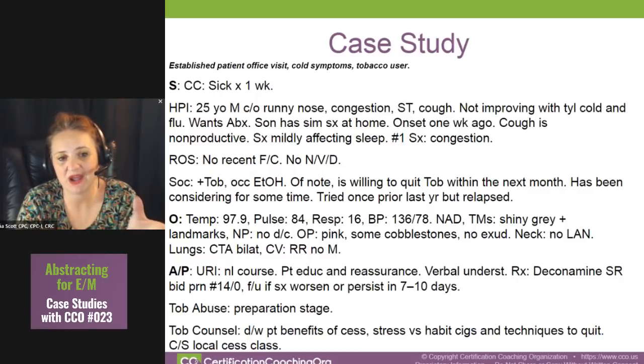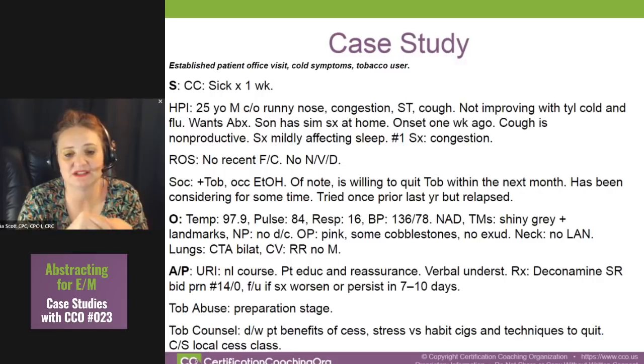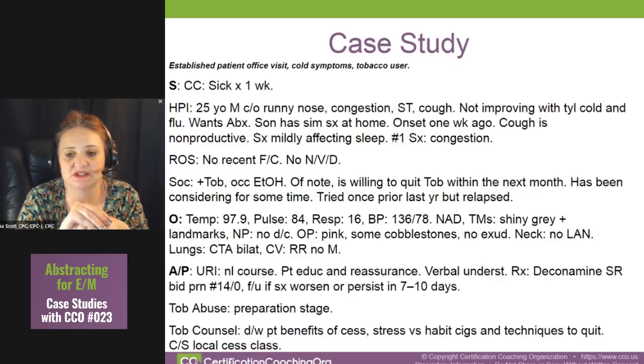They don't usually give an antibiotic unless you have a fever and chills necessarily. So again, patient education, and I love that they said reassurance. Verbally, the patient states that they understand, and then the prescription is Deconamine SR, which is sustained release, and is a medication for congestion in the cold type thing. That just talks about how many pills they're going to give them.